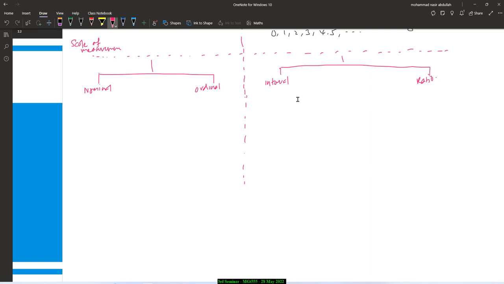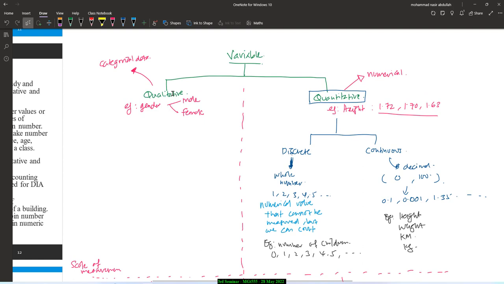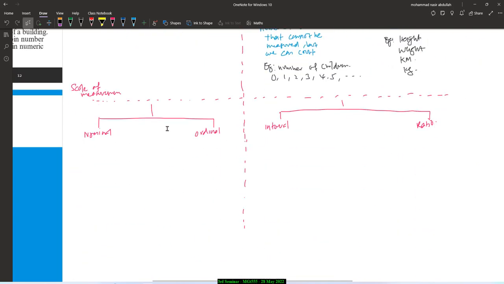So nominal and ordinal lie under qualitative variable. We know that this is a categorical variable, so we cannot measure, but we can identify. For example, male, female, ethnicity, Malay, Chinese, Indian, colors, yellow, blue, red, pink, and so on.